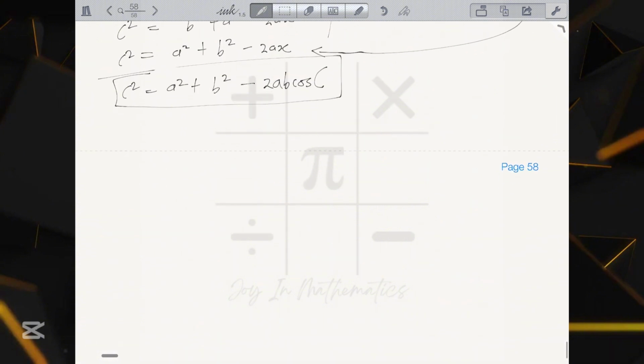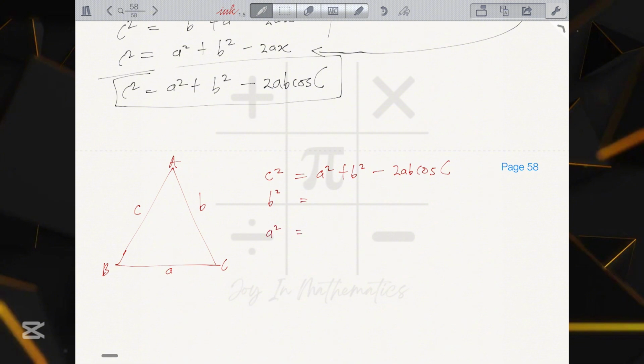Similarly, let's draw an inference, just like we did in the sine rule. If we have a triangle, could be scalene, could be isosceles, could be equilateral, but it is not right-angled, so we have triangle ABC with lengths a, b and c, we can arrive at c squared is equal to a squared plus b squared minus 2ab cos C. Similarly, we can find the expressions for b squared and a squared.